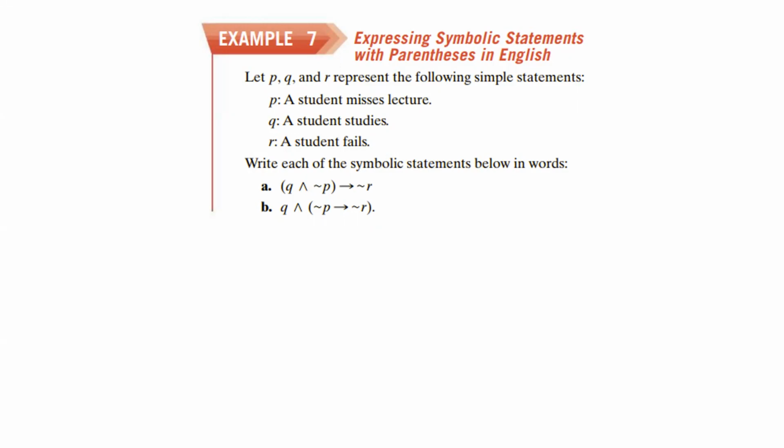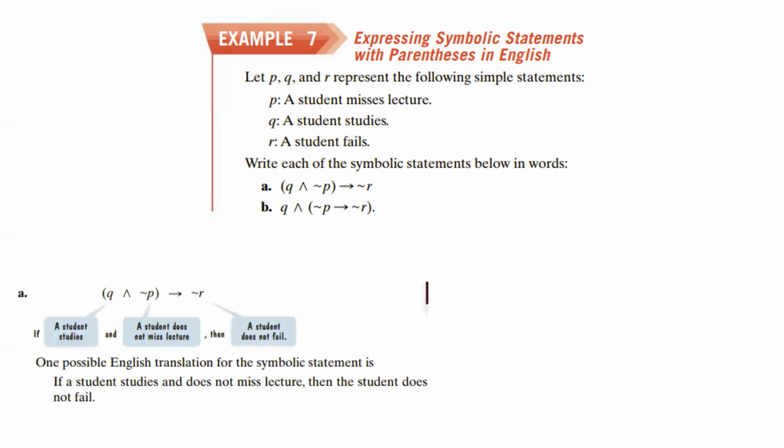If we're going to translate that into an English statement, we would say if, because that's overall what's happening, right? We have parentheses on the left side and an arrow going to the right side, so we start by talking about our if then statement. So if, and then we go inside our parentheses, Q, a student studies, and a student does not miss lecture, then a student does not fail.